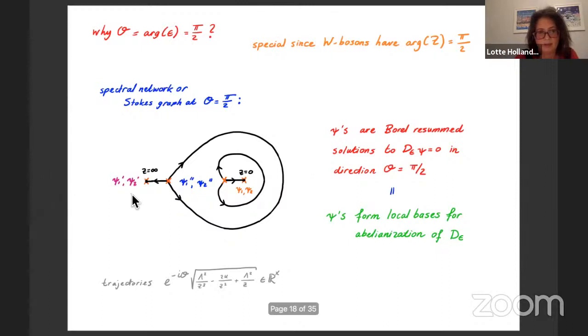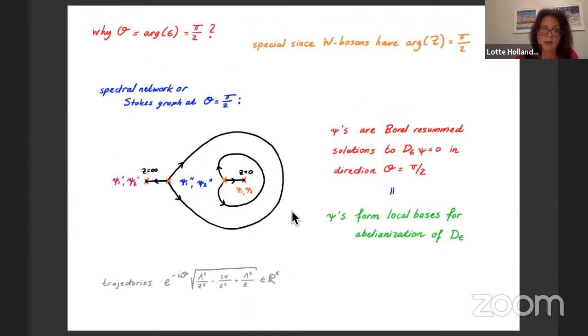So in this case, these bases are related by a product of two unipotent matrices, because both this and this trajectory are double trajectories. But still, they can be interpreted as Borel-summed solutions to the relevant differential equation at this phase.